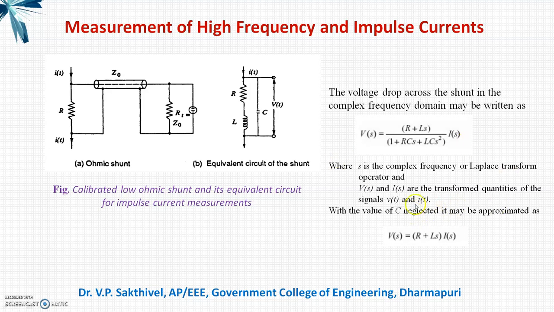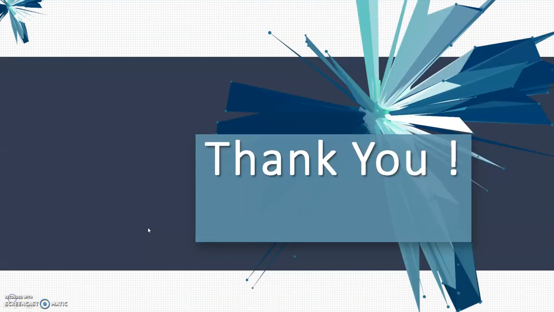Then if you neglect C, you get this equation. It is noted here that the stray inductance and capacitance should be made as small as possible for better frequency response of the shunt. Okay, thank you.